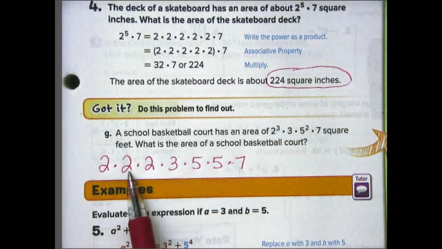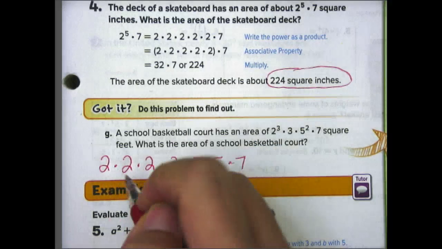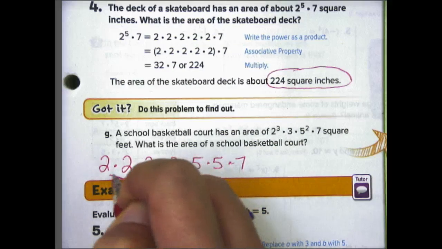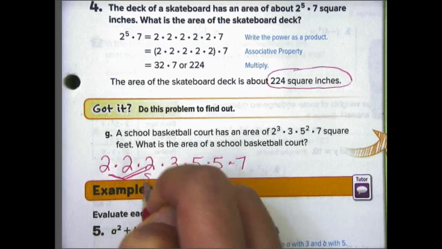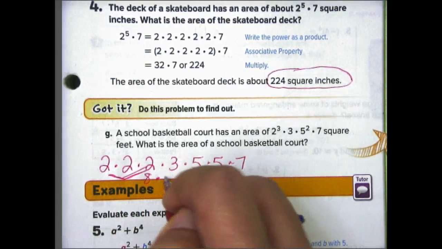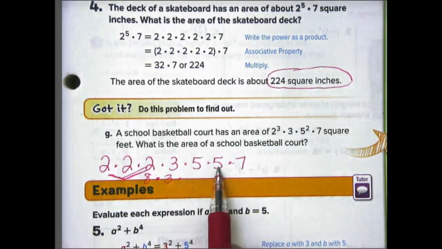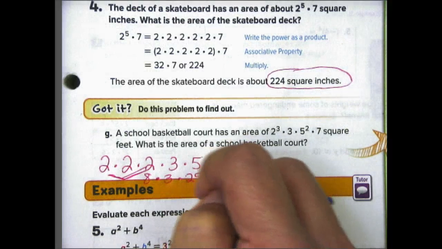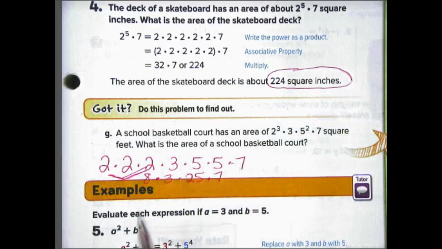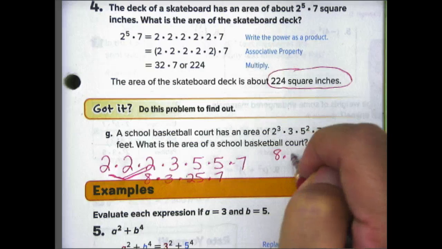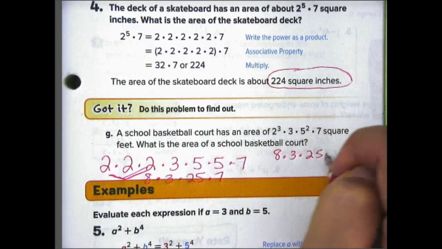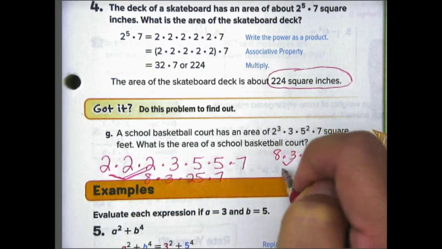So we have 2 times 2 times 2. 2 times 2 is 4, times 2 is 8. So when we multiply these together, we have 8 times 3. 5 times 5 is 25, so times 25 times 7. So we have 8 times 3, we put that up here, 8 times 3 times 25 times 7. 8 times 3 is 24.